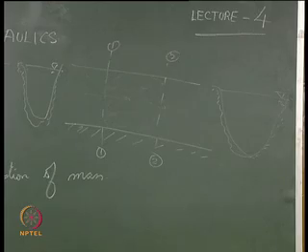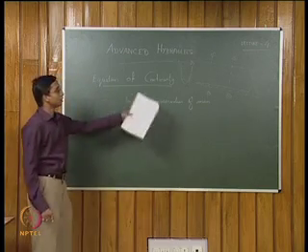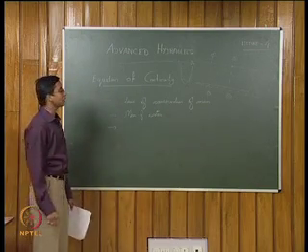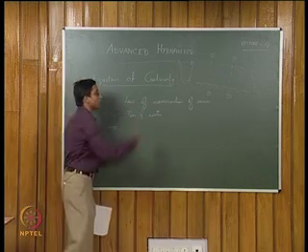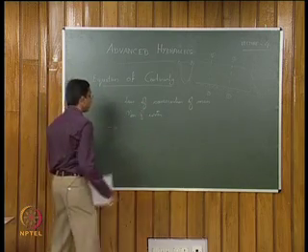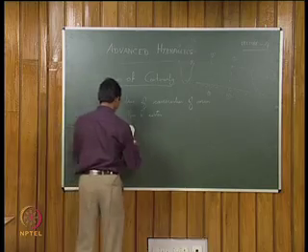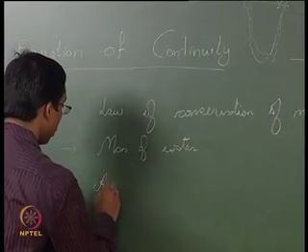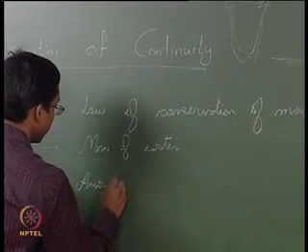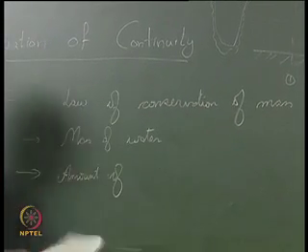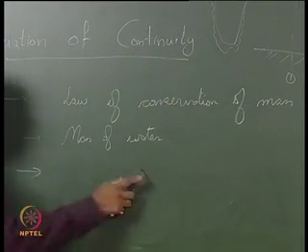That is the definition of continuity, or what you mean by conservation of mass. Okay, let me write it here. It is nothing but the amount of, instead of amount, let me write it mass.